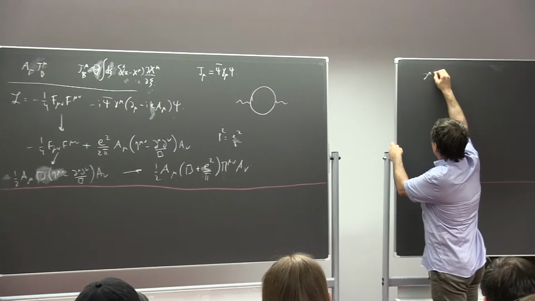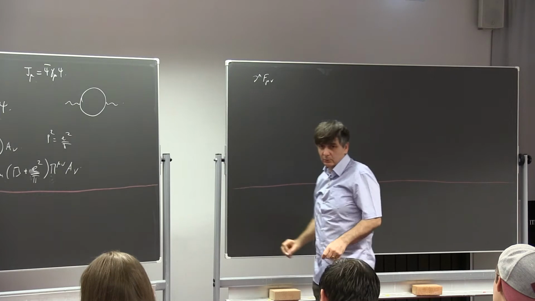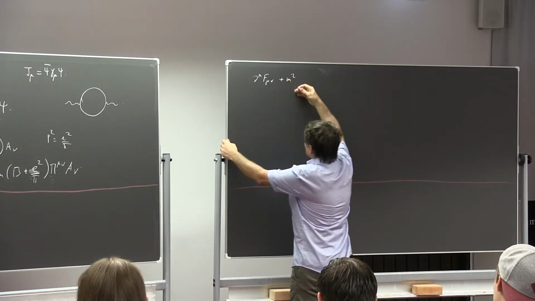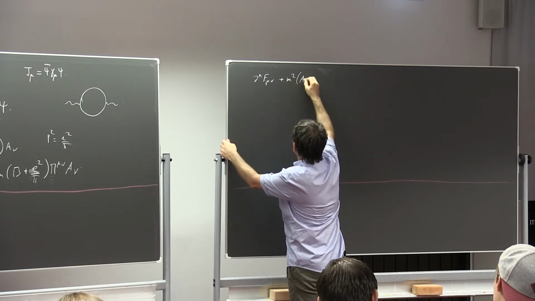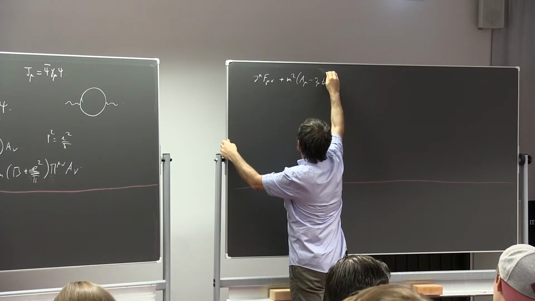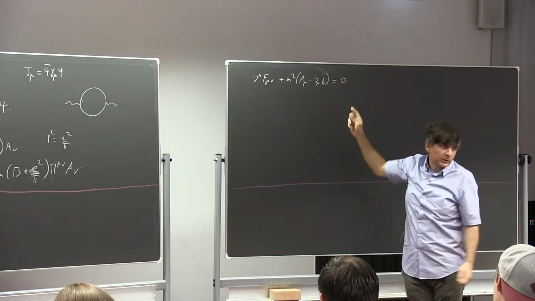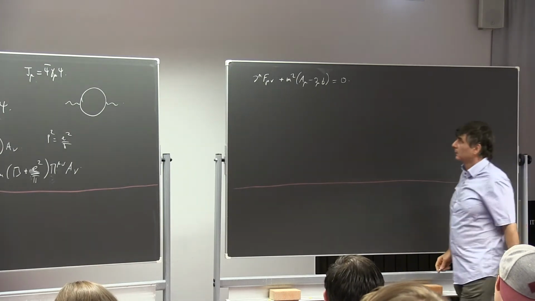So let's write down the Proca generalization of 1+1, with m squared, and I would have a Stuckelberg field. Let me call it B, because I want to make a connection with B mu nu, that's why I'm calling it little b.